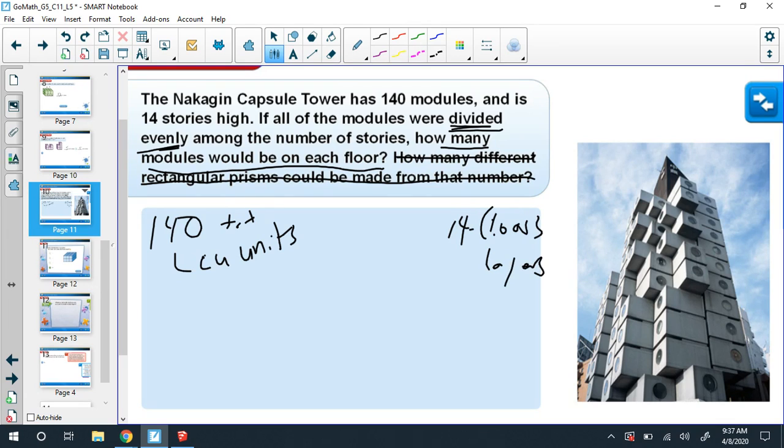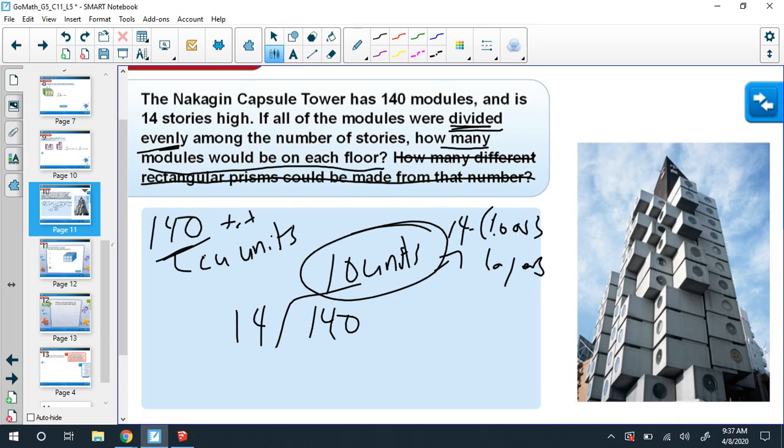Thinking back to the idea that base area times height tells us our volume, if this is our height and this is our total volume, then to find our base area we divide 140 by 14, which is 10. That means there are 10 units per level, because if we had 10 units on each level and it's 14 layers tall, that's going to be 140. So the answer here is 10 units.